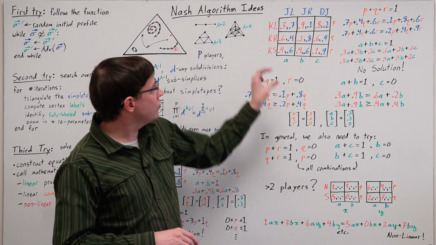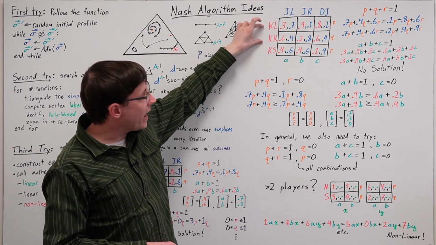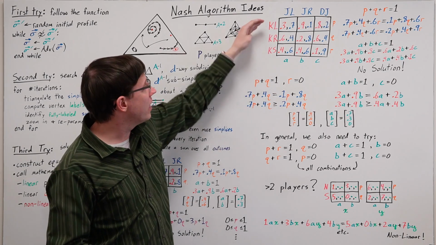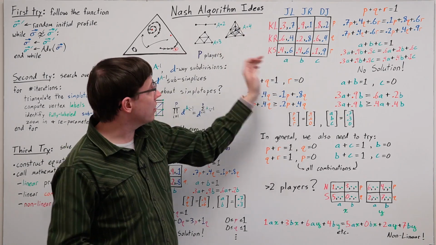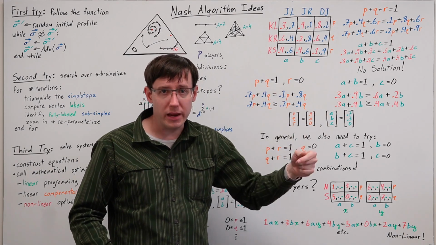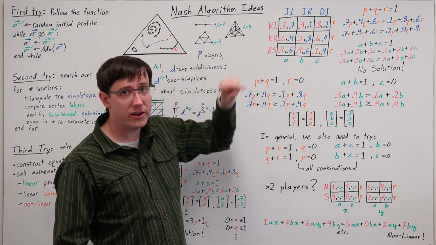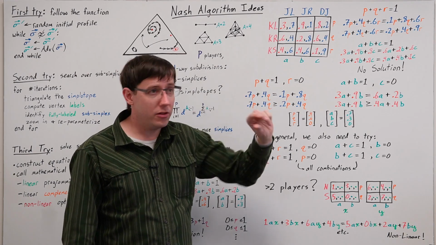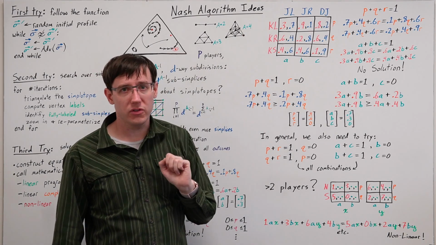So, considering just the 2 action support sets, we have 3 choose 2 possibilities for each player. Since 3 choose 2 is 3, there are 3 different 2 action support sets, and there is the 3 action support set.